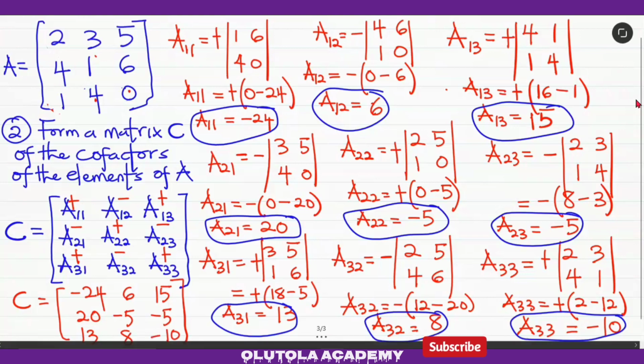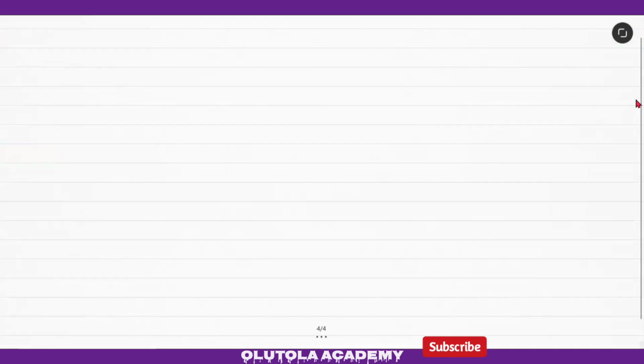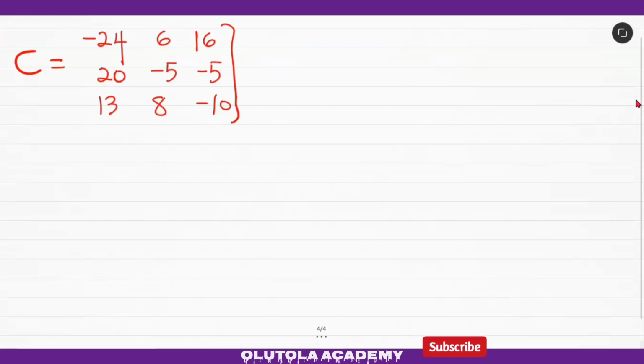I have a matrix of cofactors now. I'm going to write that on a new page. The matrix of cofactors C equals, so this is the matrix of cofactors of the given matrix A.